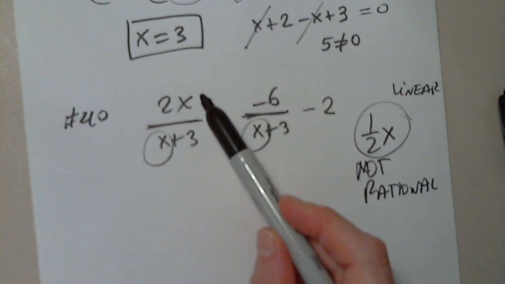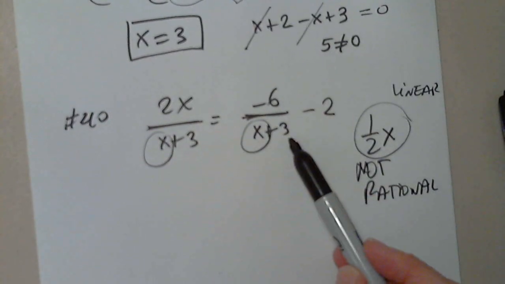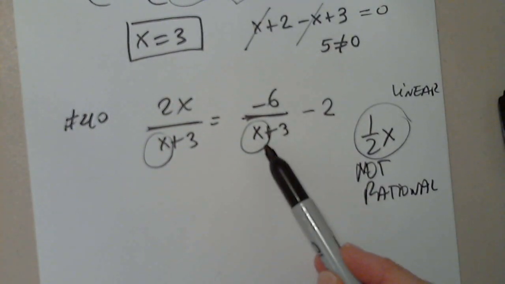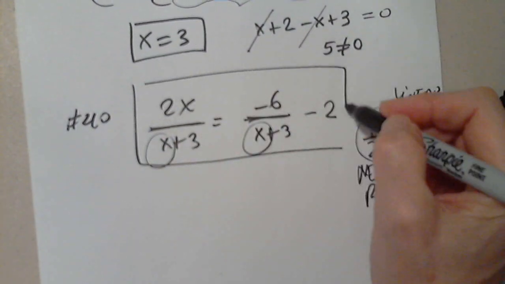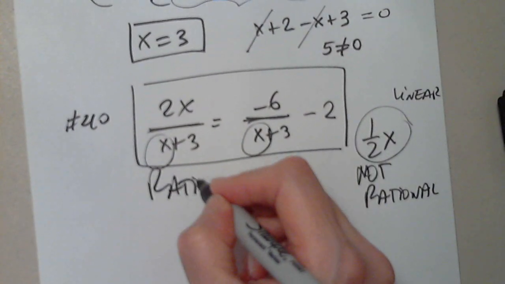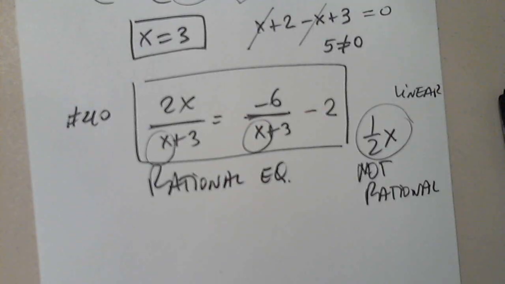But 5 over x plus 3, 2x over x plus 3, -6 over x plus 3 are rational expressions. Therefore, this equation is a rational equation because it has x in the denominator. Perfect. Good.